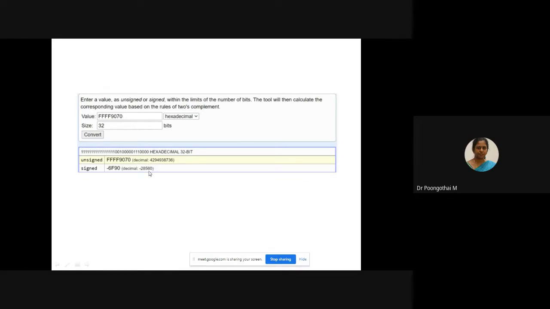The hexadecimal answer is 6F90, so after multiplication we are going to get the 2's complement of this minus 6F90.